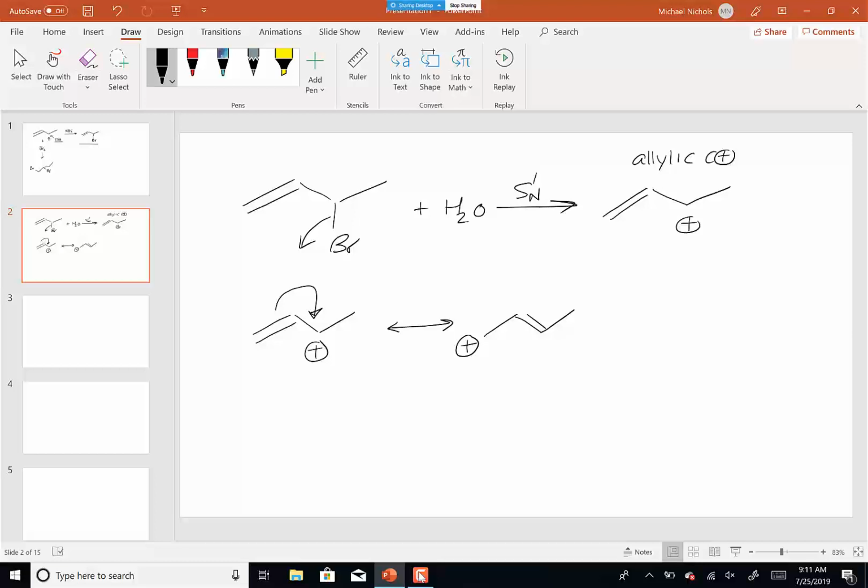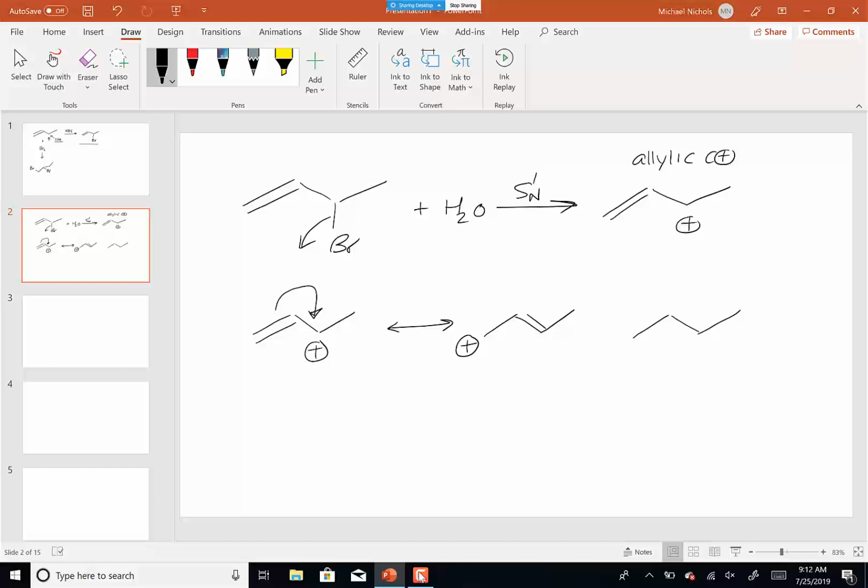For those of you in lab or have talked about mass spectrometry in lab, this is nothing new. We just did this. Now we're going to go into a little more depth here. What would the resonance hybrid of this look like? If I'm going to write the resonance hybrid, I'm going to write all the single bonds.